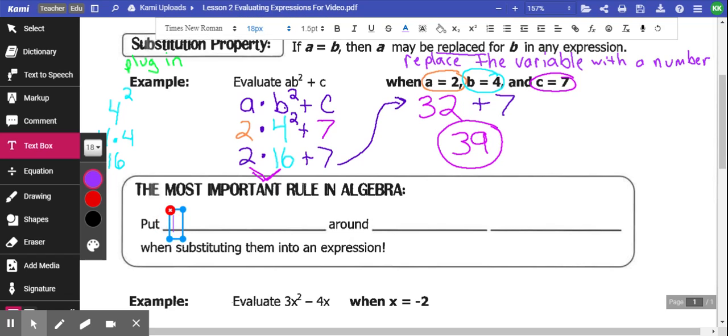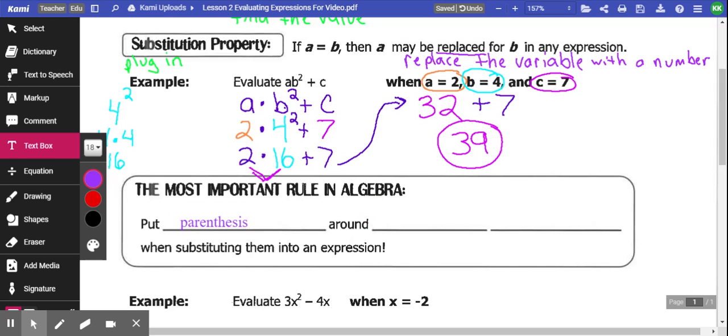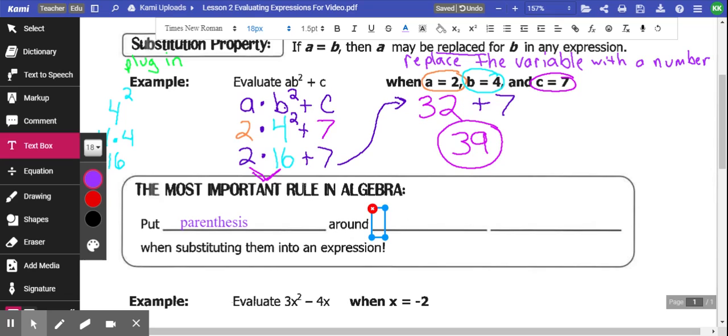When you are substituting, put parentheses around the negative numbers. That's what the second space is, numbers. Put parentheses around the negative numbers when substituting them into the expression.